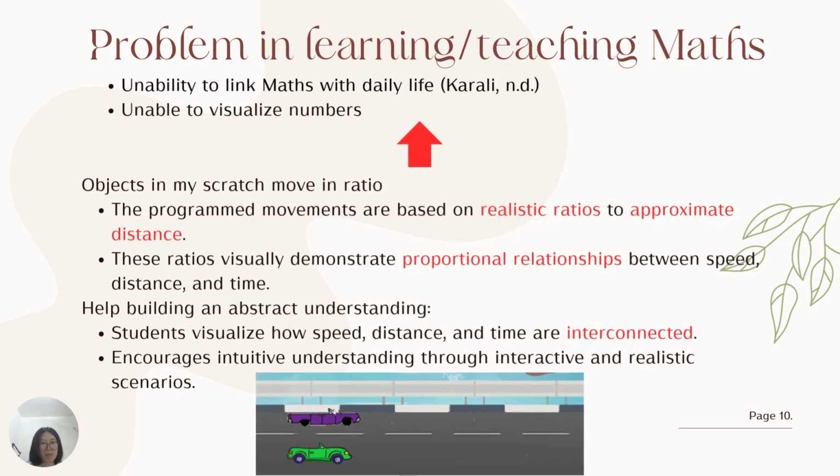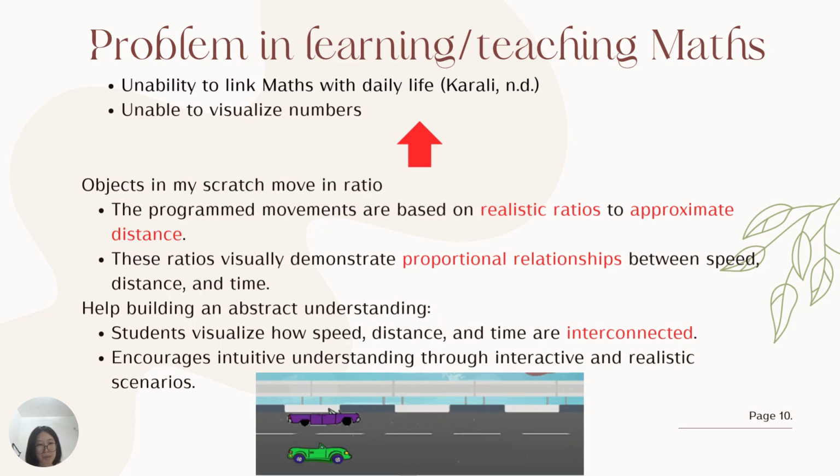In my program, sometimes students might find that they are unable to link math with daily life and unable to visualize numbers. One of the characteristics of my Scratch program is that it involves moving in ratio.